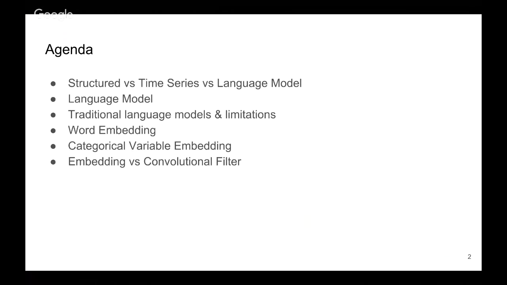We will just focus on the basic neural architecture. Particularly, we find the embedding technique, whether it's embedding words or embedding categorical variables, particularly interesting, and we would like to discuss this aspect further.